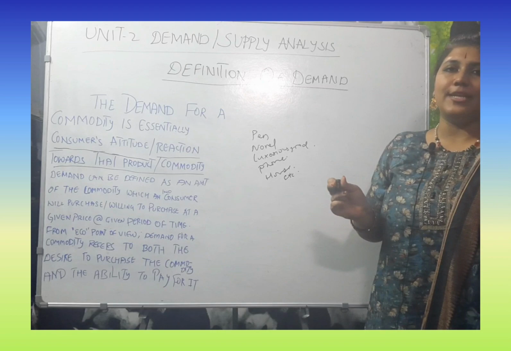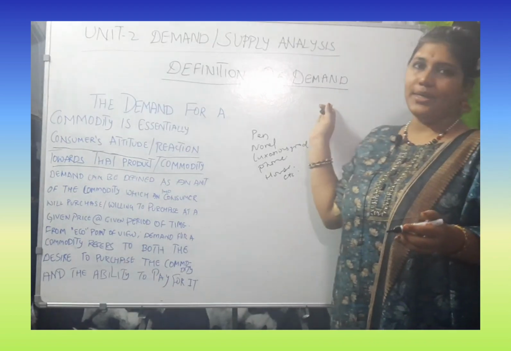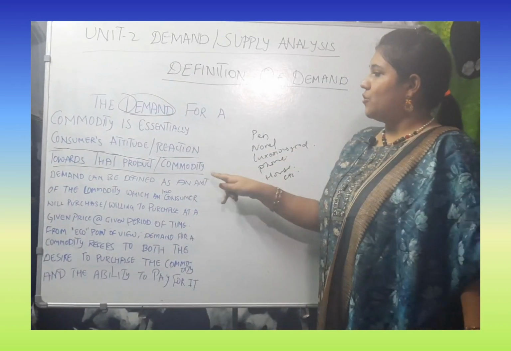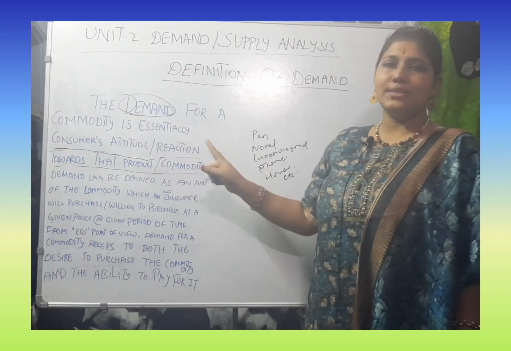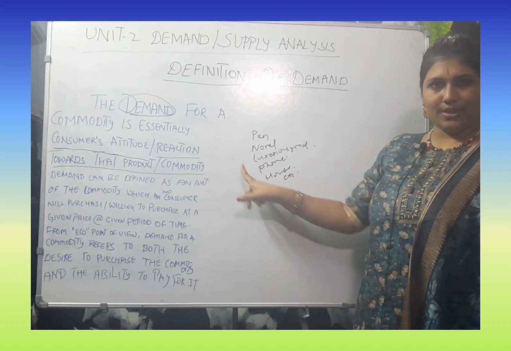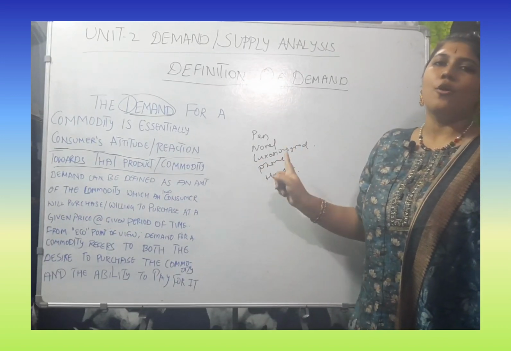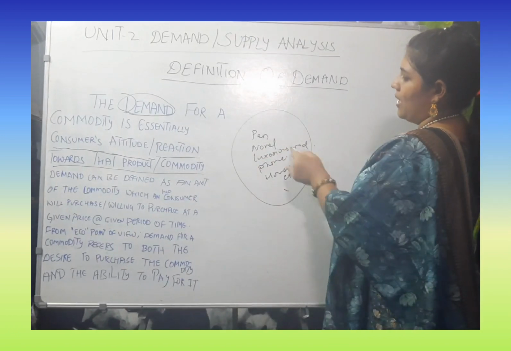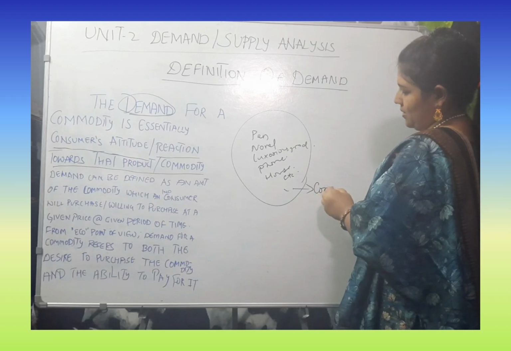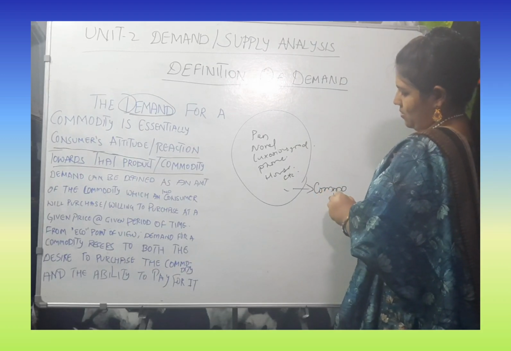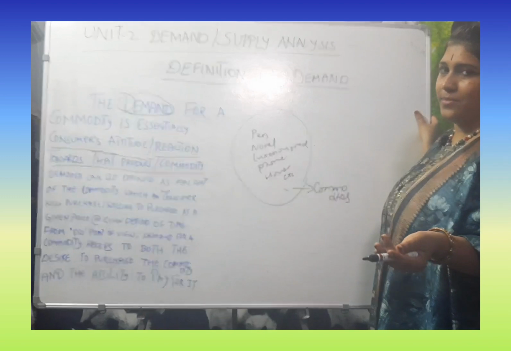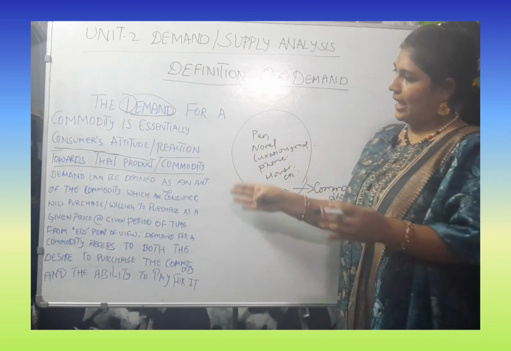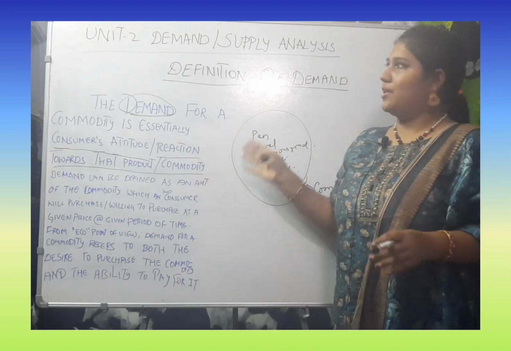That strong willing desire is nothing but demand. Towards the product or commodity, whatever is meant to sell, all these things are commodities. Not only these, there are many items. Whatever is meant to sell is named a commodity in the context of demand and sales.